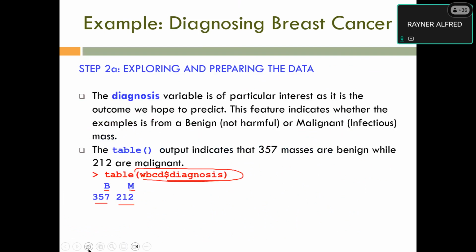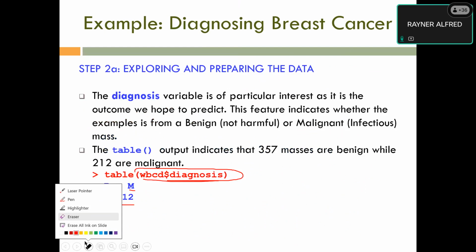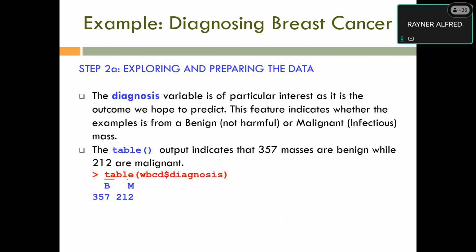If I look at the proportion of data that we have here, we can use this table command and focus on only this column, the diagnosis feature. It gives us the number of samples for each of B and M.